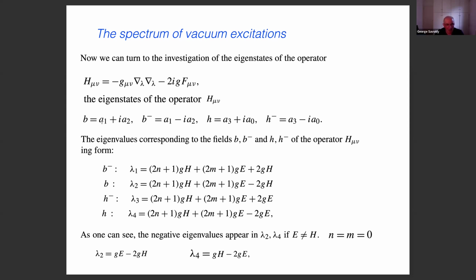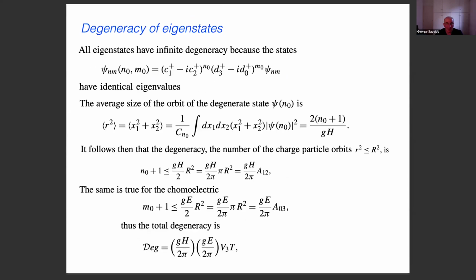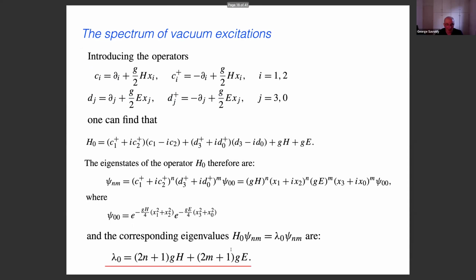It's b. I don't like to write b plus, just b and b minus, h and h minus. And then you will see that in addition to these eigenvalues, which we already knew, 2n plus 1 gh plus 2m plus 1 ge, this part of the spectrum comes from the first operator, which we already just found out right here.